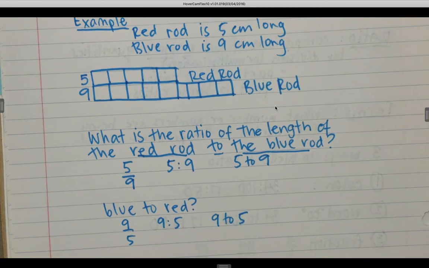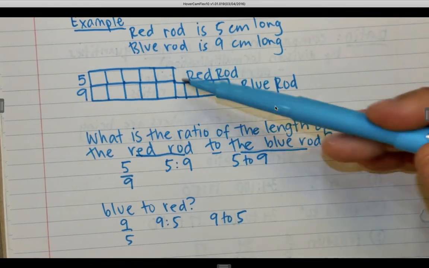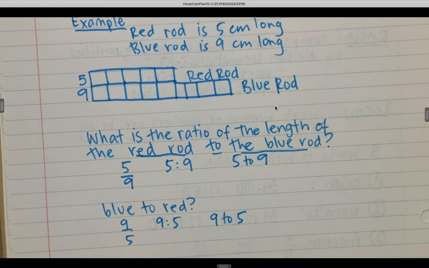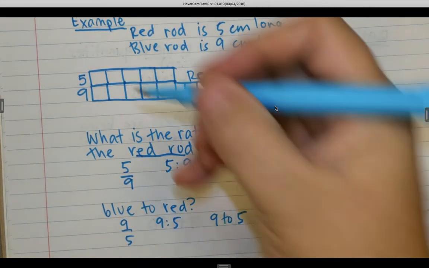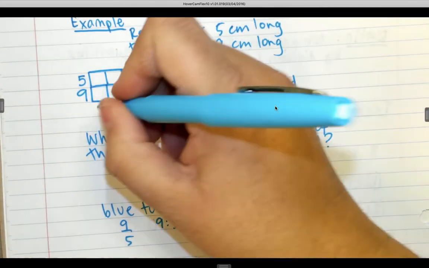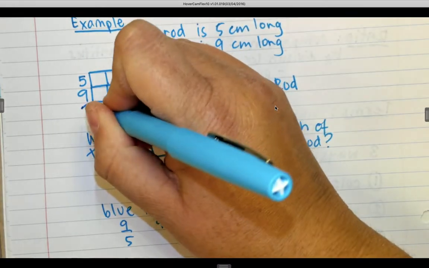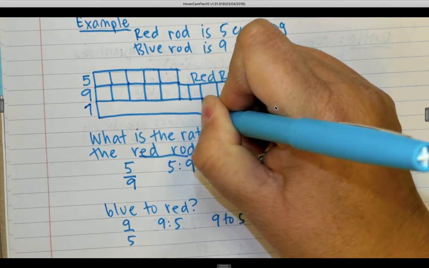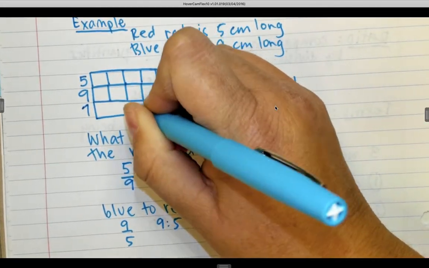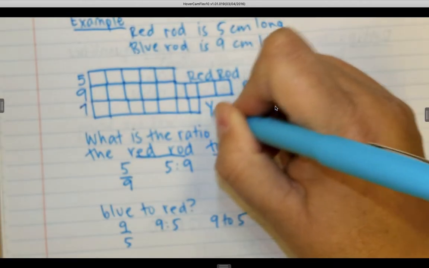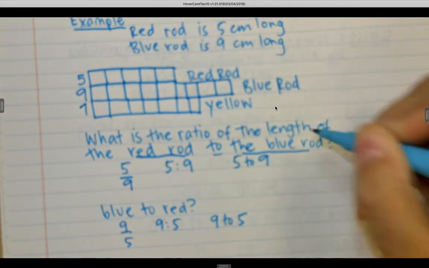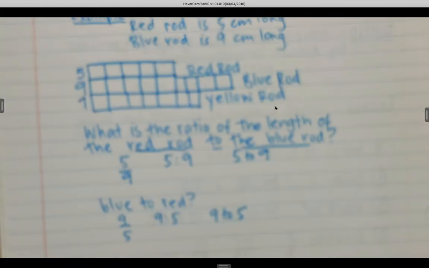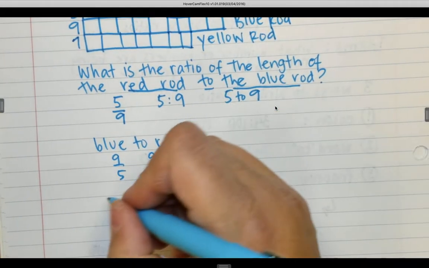Now here's the comparison of two numbers. We're going to add 3 numbers in there. So I'm going to draw a yellow rod. That is 7. And now here's my third question, sorry.